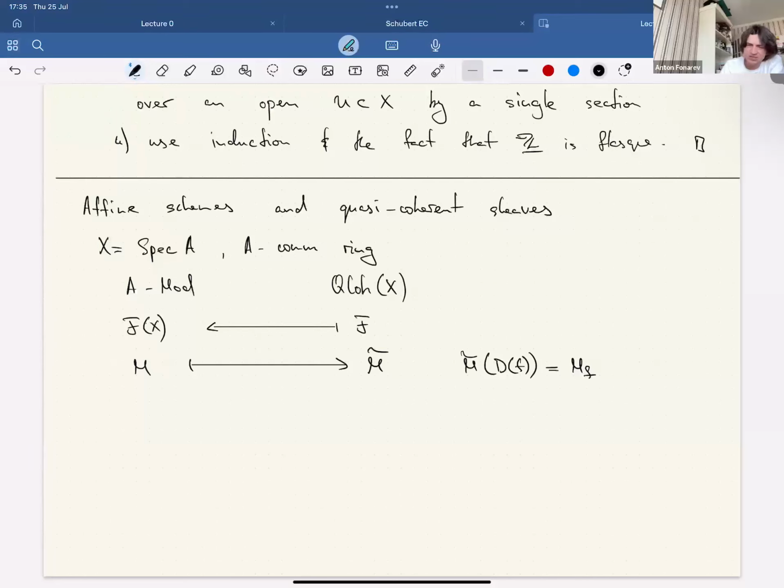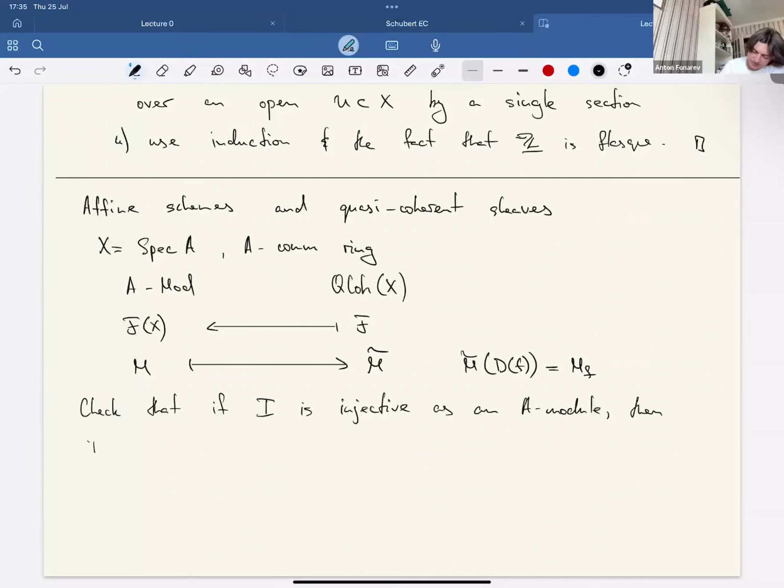So here is a proposition that requires some algebra. I don't want to prove it, but you can check that if I is an injective module as an A-module, then I tilde is flasque.